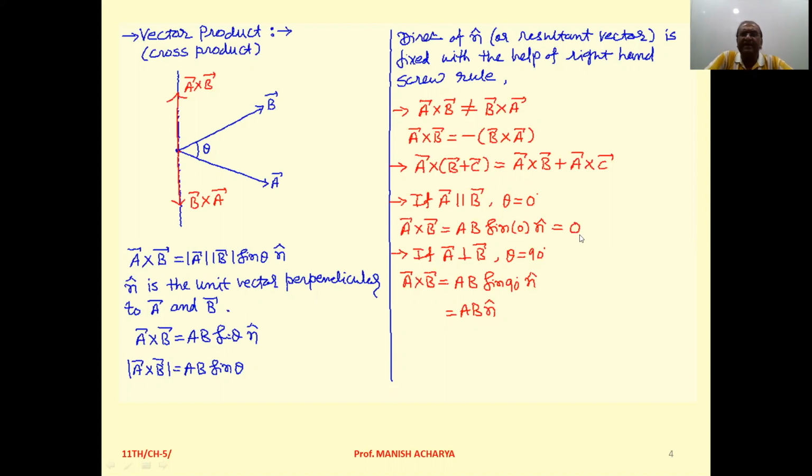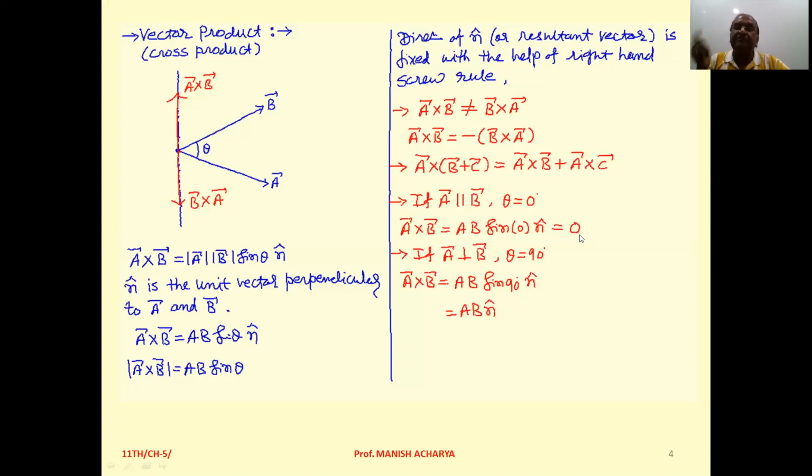If two vectors are perpendicular to each other, then the dot product is 0. Or vice versa, you can say, if the dot product is 0, then we can say yes, those two vectors are perpendicular to each other. If parallel to each other, then their cross product will come to 0.